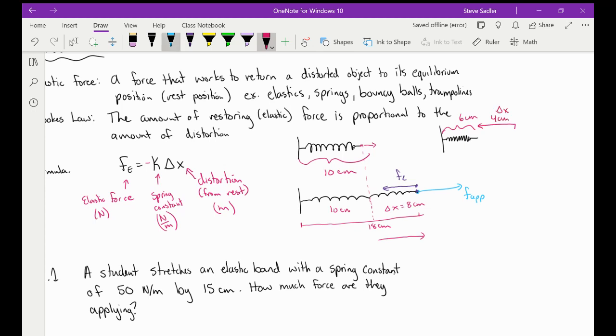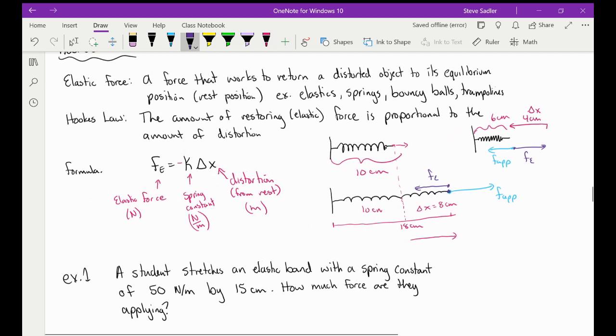That's my delta X. Now my applied force is this way, and the spring force is trying to move me this way. You can see that the delta X and the elastic force are in opposite directions, and that's what that negative compensates for. And actually, I'll look at your formula sheet right now. So there isn't a negative on that formula sheet, but sometimes you do see that negative, and I just want you to be aware of that.